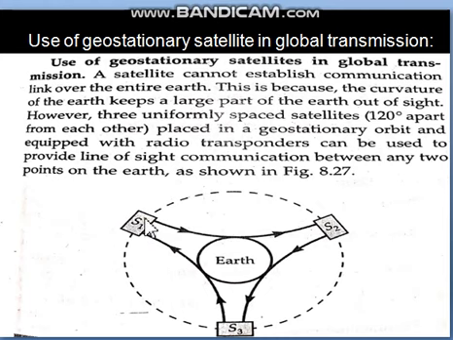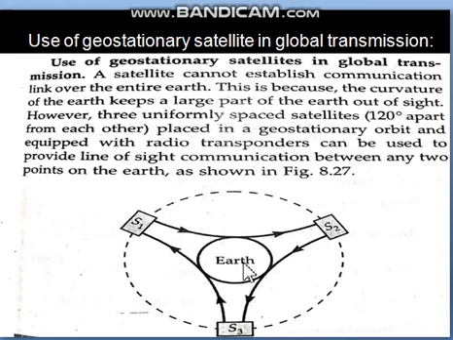Since a satellite has a coverage range, suppose for this side of location, satellite S1 is established, so it has a coverage range. In the same manner, the second satellite also has a different coverage range, and third also having the coverage range. So these satellites can become the reflectors for the signal. Whatever signal is received by the satellite, it sends it back to another satellite. Then that satellite establishes the communication with the third satellite, and this way the whole Earth can be covered.